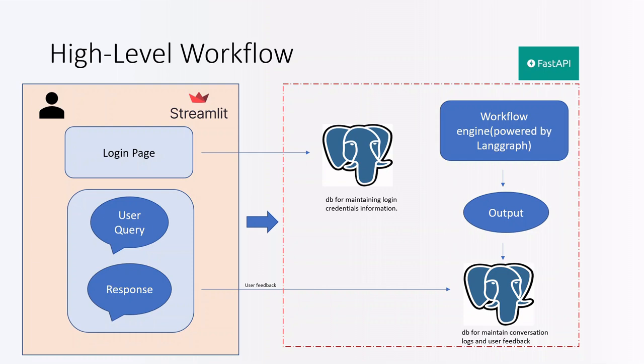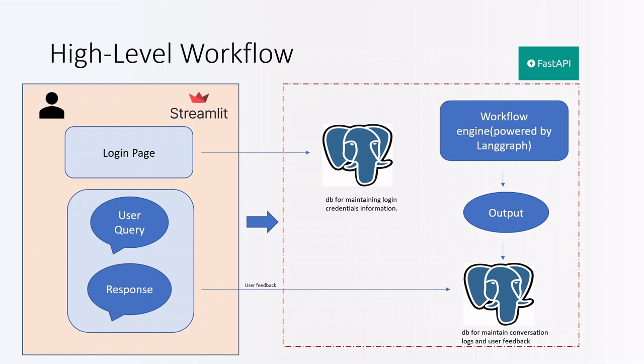If you create an account and the credentials that you have entered don't exist previously, it will store them and take you to the next step, which is the landing page of the chatbot. There you enter your user query.